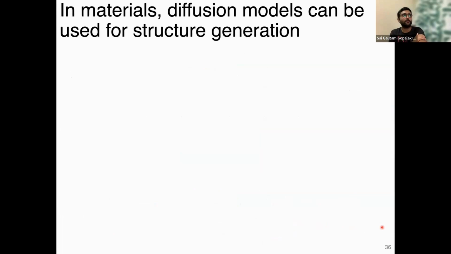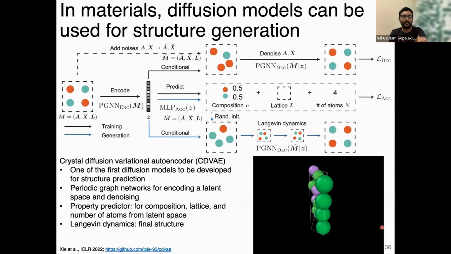The purpose of using diffusion models in materials is for structure generation. One of the very first implementations was using diffusion models with the variational autoencoder in what is referred to as the crystal diffusion variational autoencoder model, or CDVAE model. It used a complicated workflow. I won't go into the details.